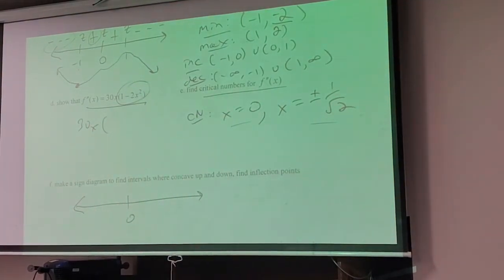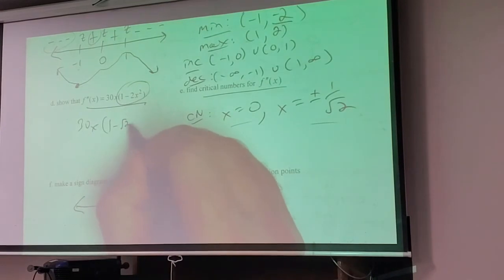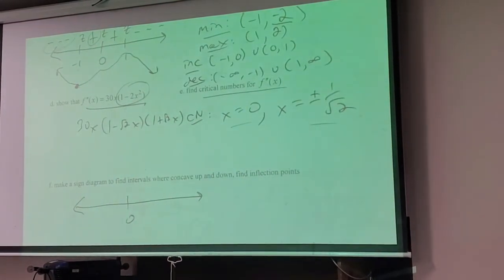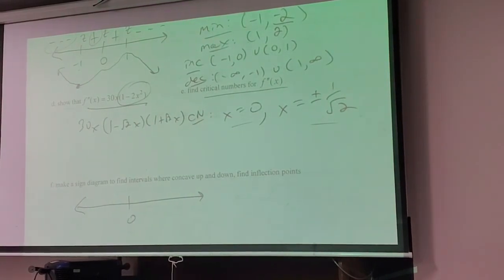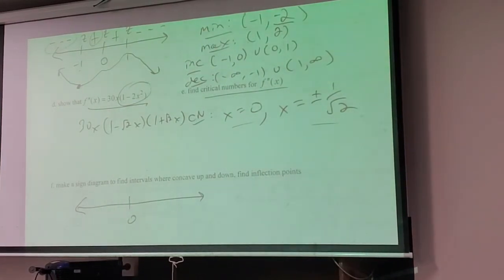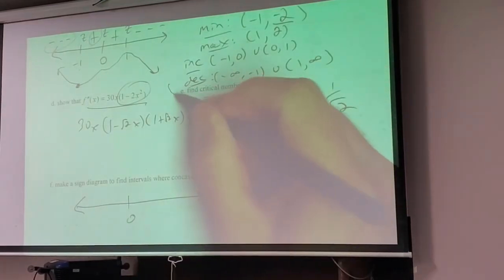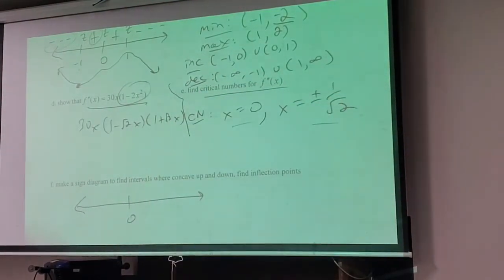It's 1 minus rad 2 x, 1 plus rad 2 x. Because how does difference of squares work? Take the square root of everything. So what do you normally focus on when you first learn it? Numbers that will stay whole. But math doesn't care if it's whole or not. We just do because we're humans. We don't like rad 2, but okay, I don't know if you guys are with me or not on that.